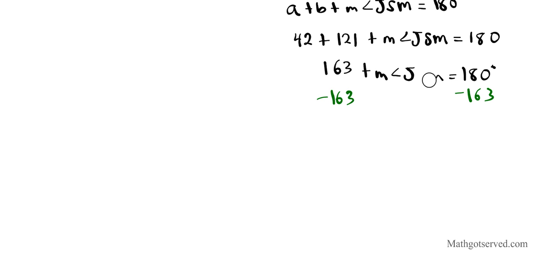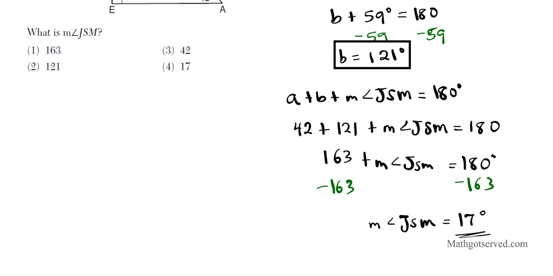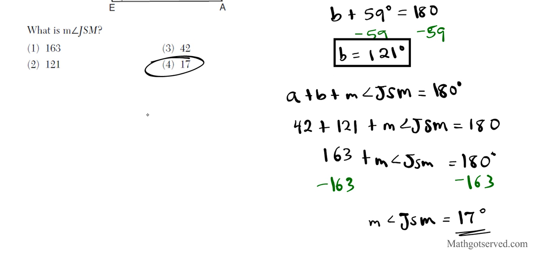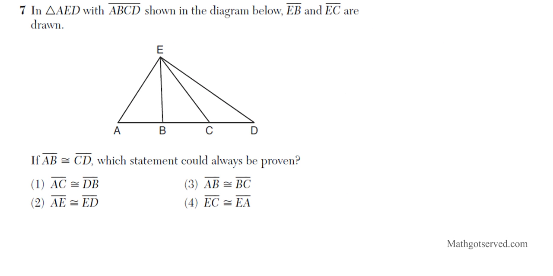Sorry about that. So subtract 163 from both sides, and then we get the measure of angle GSM. If you subtract 163 from 180, you have 17 degrees. So GSM equals 17 degrees. Okay? So our answer is option 4. All right, moving right along, question 7.